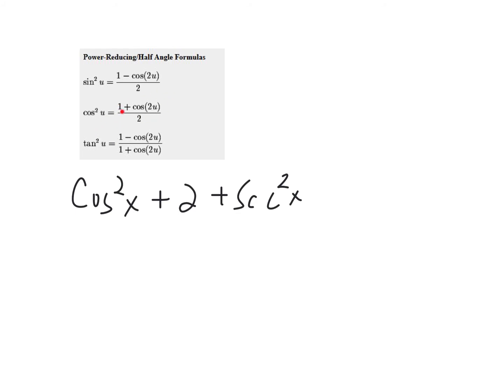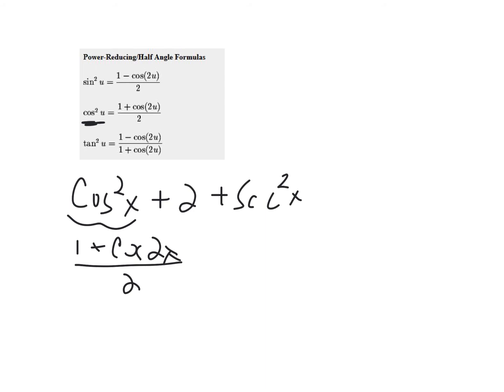This is cosine, so we're going to use this one right here. If this is u, we're going to rewrite that as 2u. So if our x is u, this part becomes 1 plus cosine 2x, and that's all over 2. And we don't have to take the square root, because that is what cosine squared is.